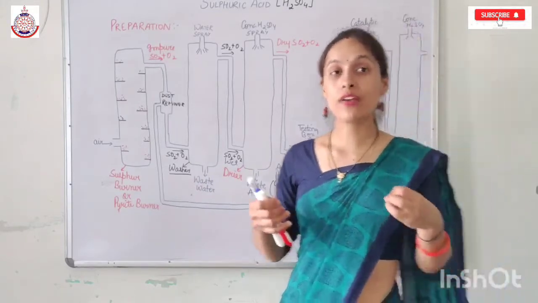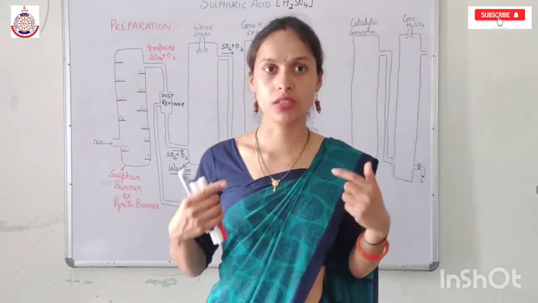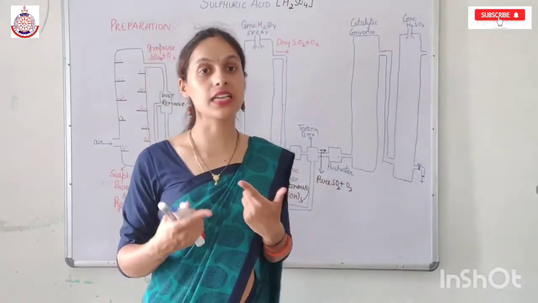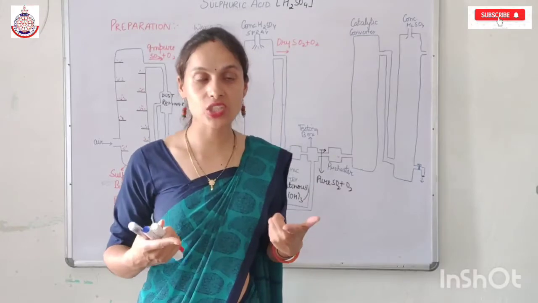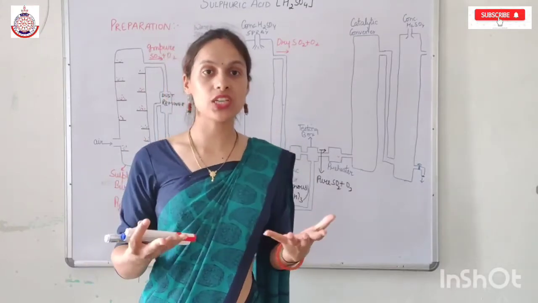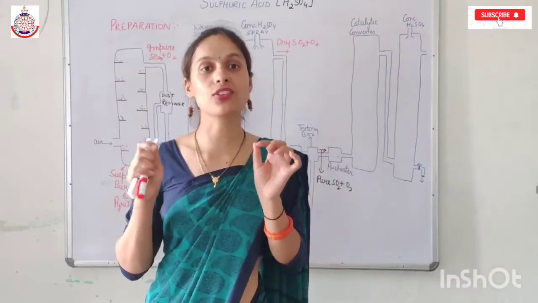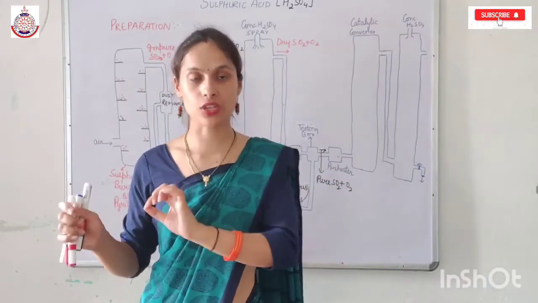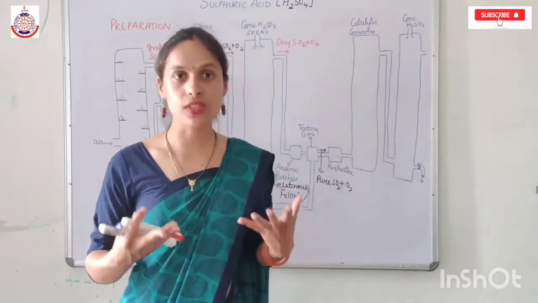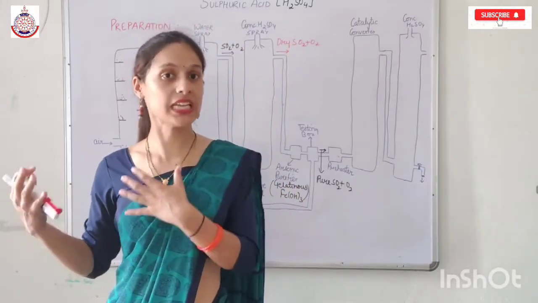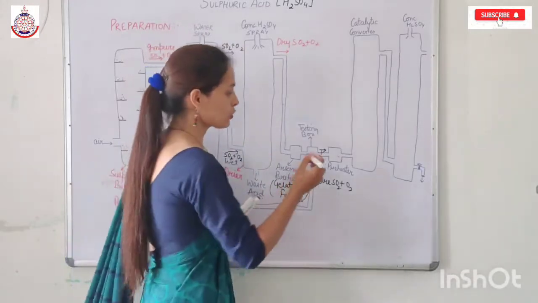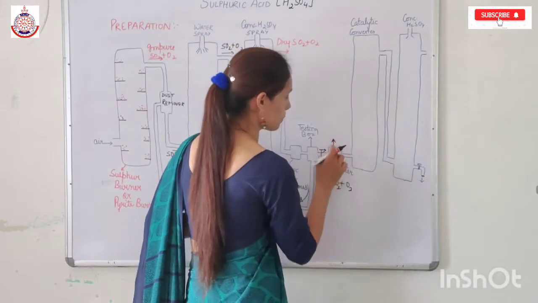This heat is required for the initiation. After the initiation we get energy from the reaction itself, because the reaction is exothermic. So for the initiation of the reaction we require the preheater.